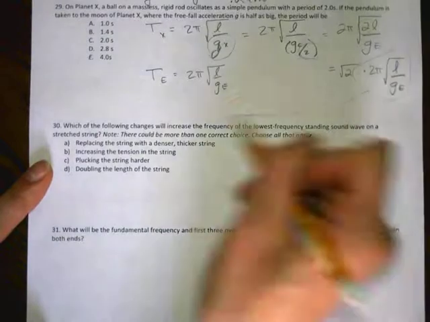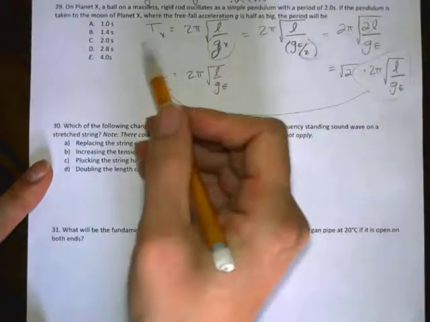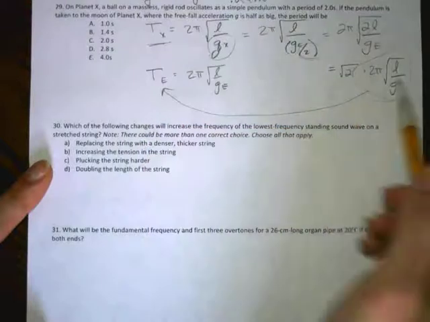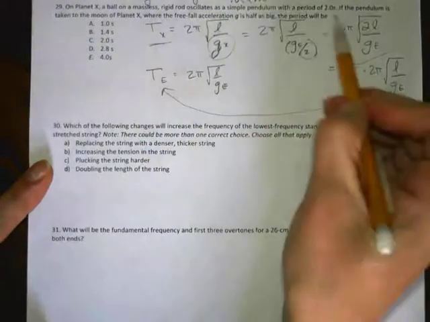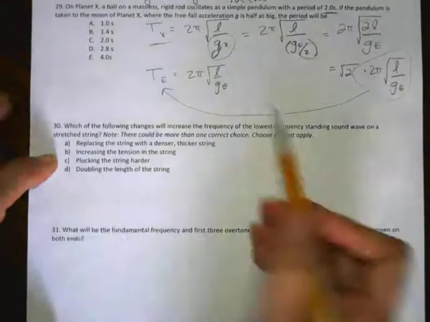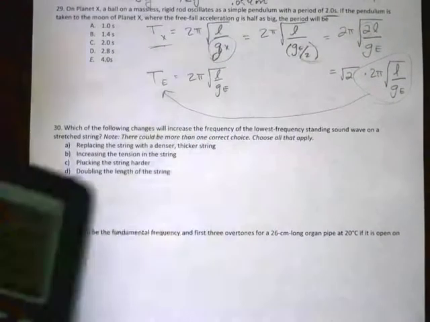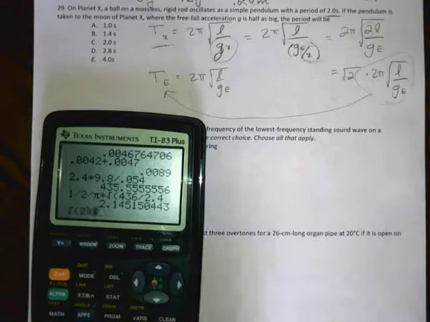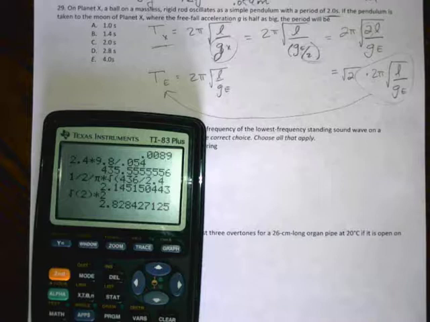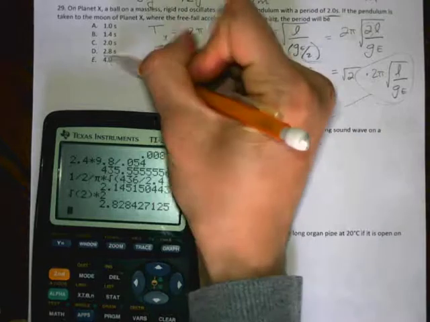So the period on planet X is square root of 2 times whatever it was on Earth. On Earth, it was 2, so on planet X it will be square root of 2 times 2, which is 2.8 seconds.